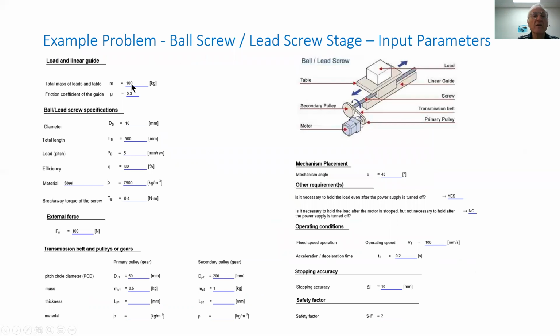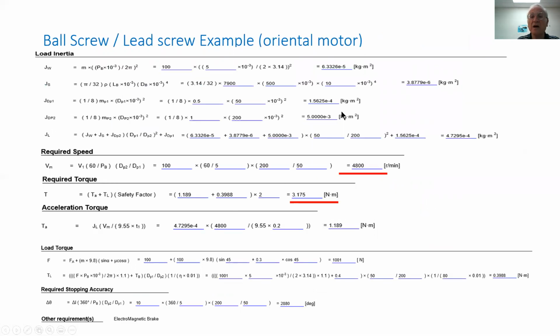We come in and we put in the total mass, the friction, whatever we have here as information for the ball screw or lead screw diameter and the pulleys. And then when we click the button, we can come up with all the inertias as well as the bottom line: required speed and required motor torque.